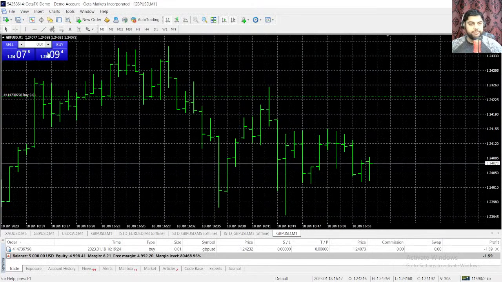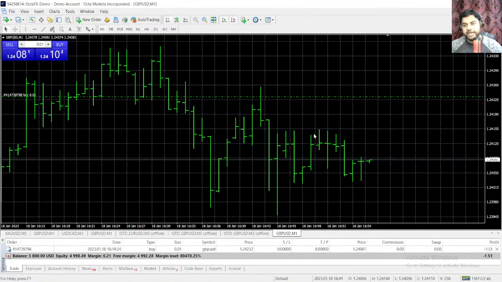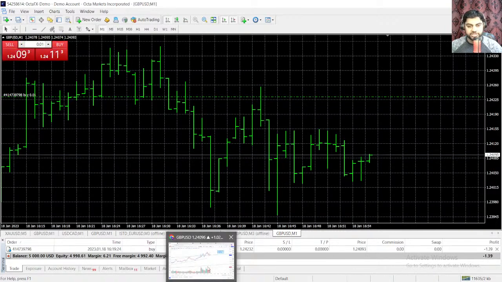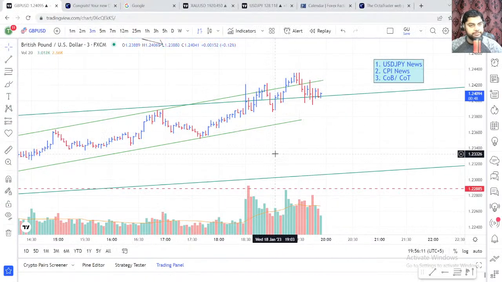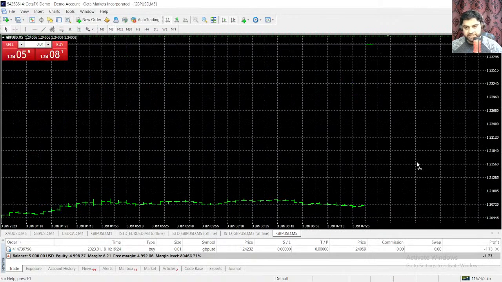Okay guys, I will buy here. It might not be time to buy right now, but I will make a buy trade because of the background. So I will wait for the market to come down to the same level, and then I will make a buy trade.